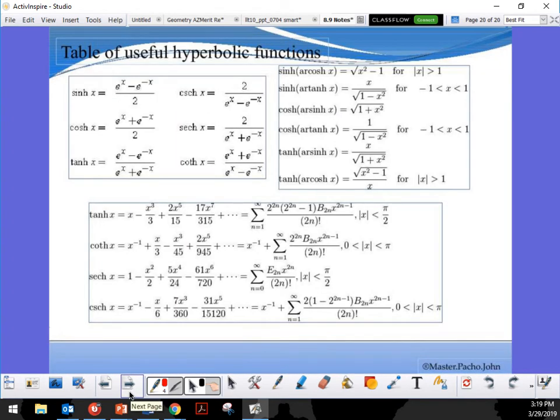Okay, table of useful hyperbolic functions. So we're going to use, this is cosine h, right? So I'm going to replace my cosine h with this, and that's going to help me out here, because doing the hyperbolic, I don't want to do that.